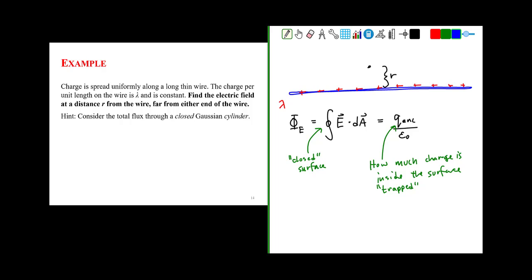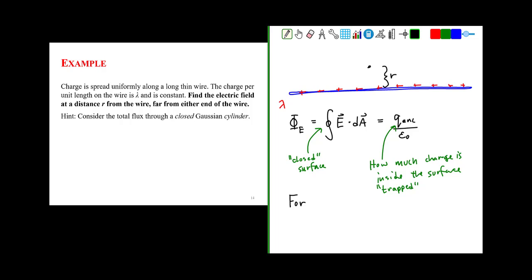And now the problem with this, though, is Gauss's law involves an integral. However, for electric fields that are symmetric to some surface, it just so happens that if we could find a surface where the electric field is uniform or constant in magnitude and constant in direction relative to that surface, then we can avoid integrating.